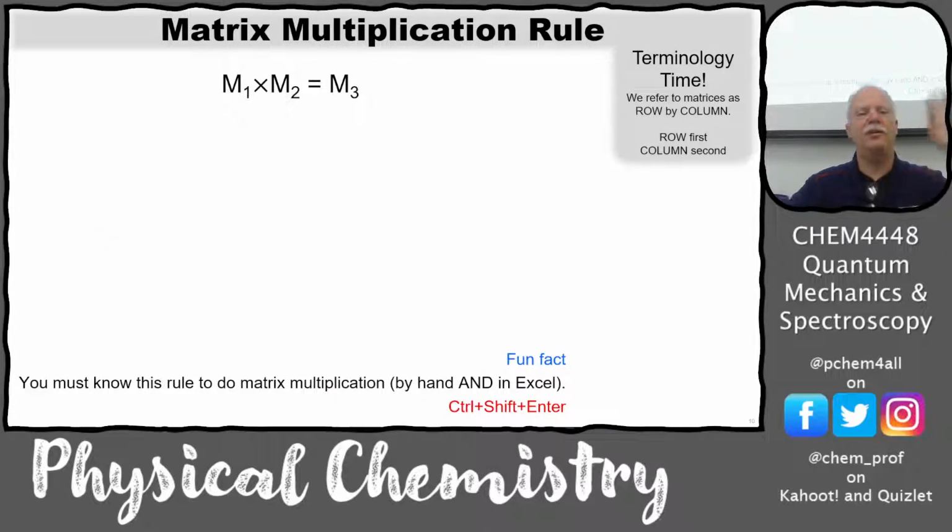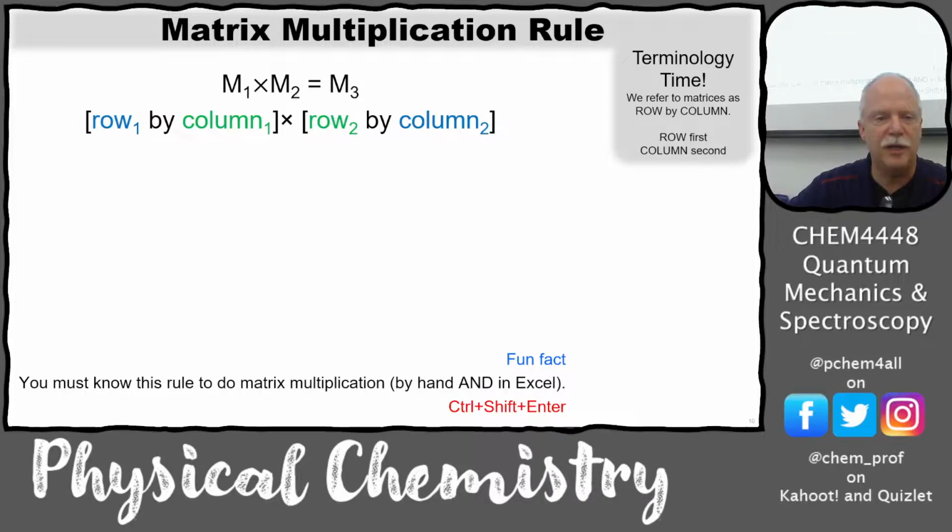If I have matrix 1 times matrix 2 giving matrix 3, I have to have those middle numbers match. The columns on the first matrix have to match the rows on the second matrix, or you'll get an error. You'll have a number that's multiplied by something that doesn't exist. So the columns have to match the rows.